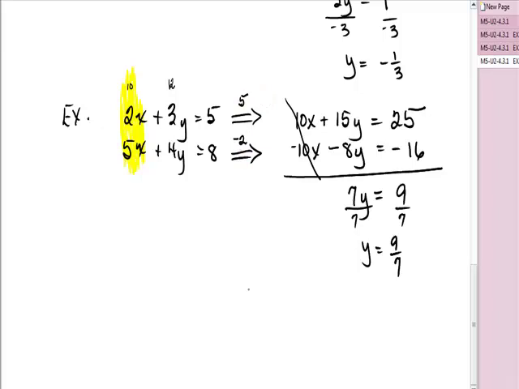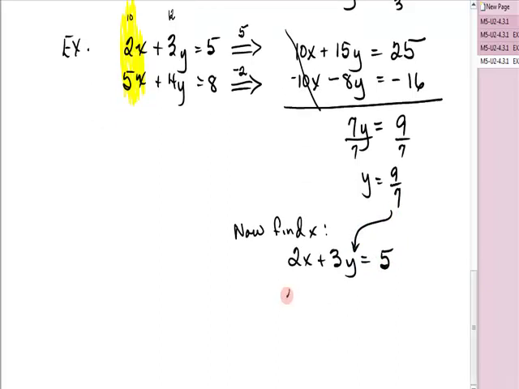You would go on, you would now find x, choose an equation, say 2x plus 3y is 5, plug in. I have 2x plus 3 times 9/7 is equal to 5.